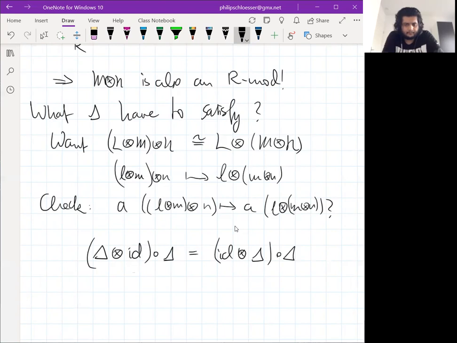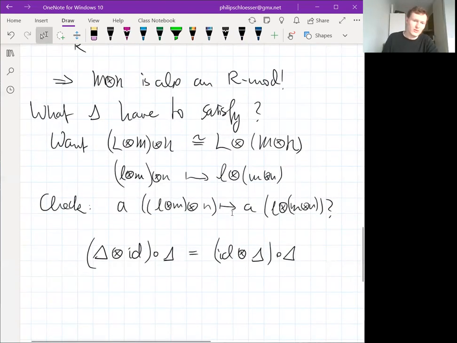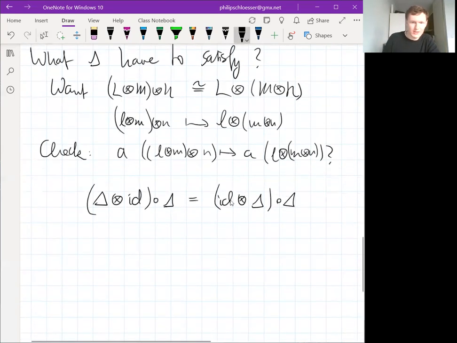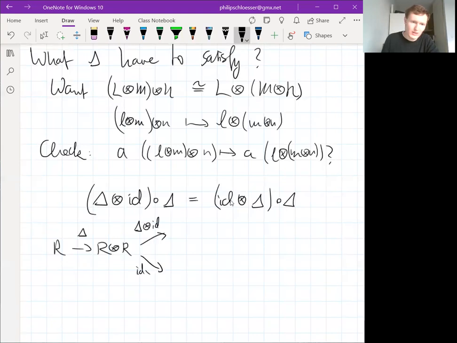And well, this rule that I've just derived here really doesn't look beautiful, I suppose. You can also write it this way. So we're mapping once with delta, and then you can apply either delta tensor ID, or ID tensor delta.